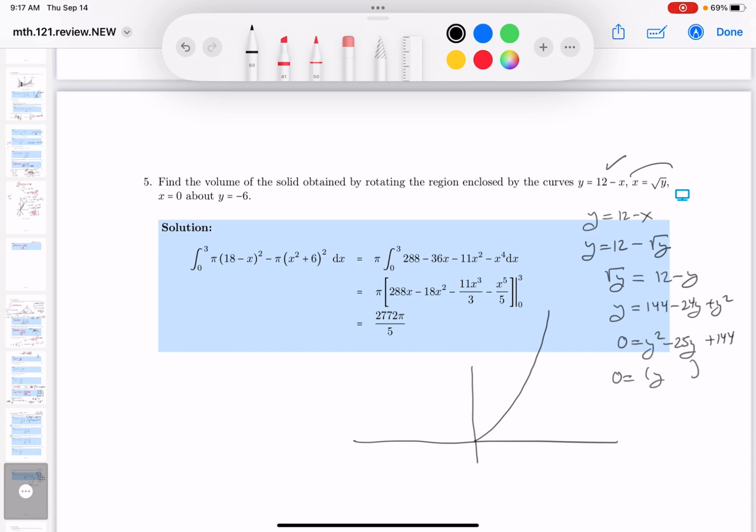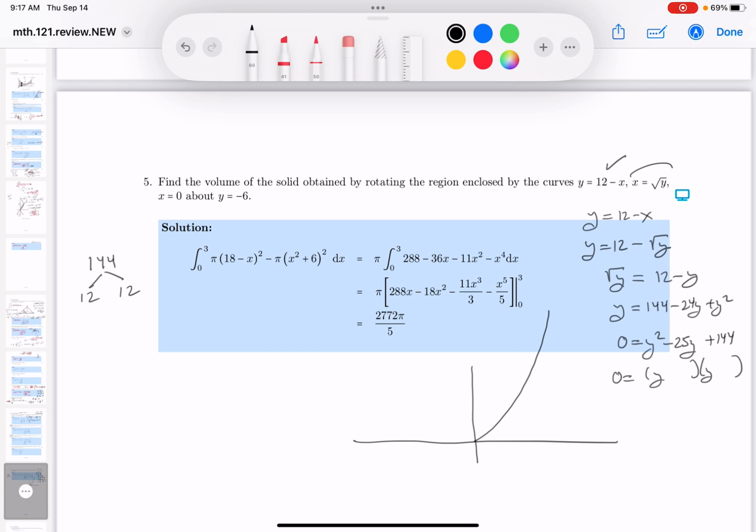I'm going to say y and y, because y times y is y squared. 144, let's take a look at that. In 144, you could say 12 times 12. That does give you 144, but I don't get the 25 there. Right, so what are you going to do there?